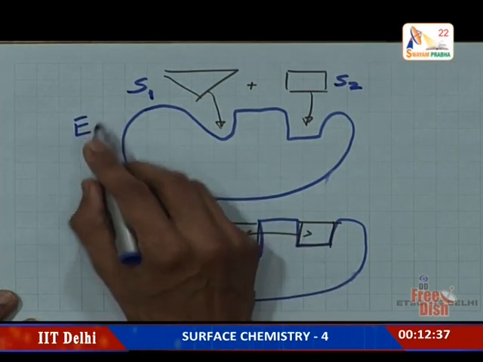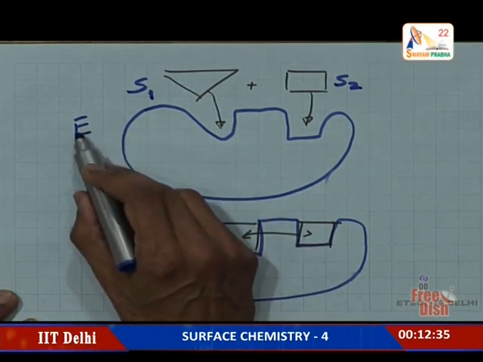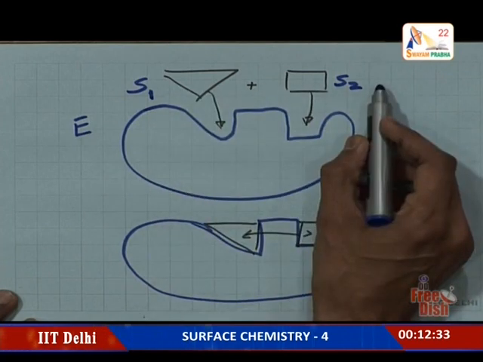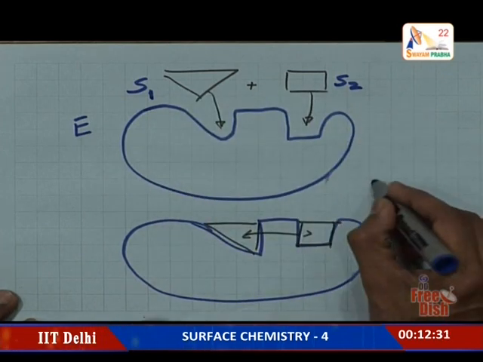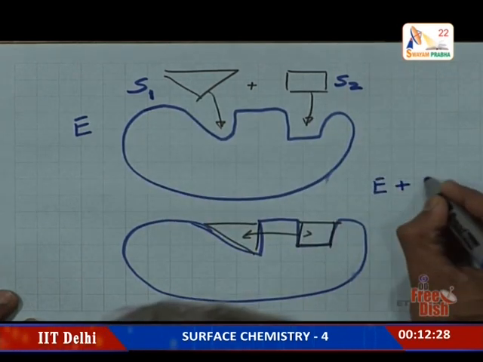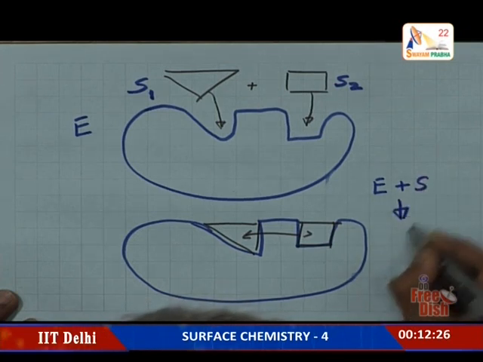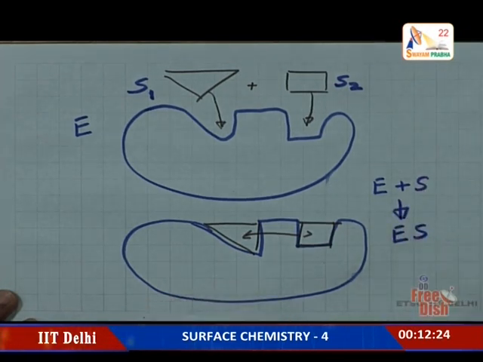So, what happens is initially the enzyme binds the substrate. So, E plus S will bind and I get an enzyme substrate complex.